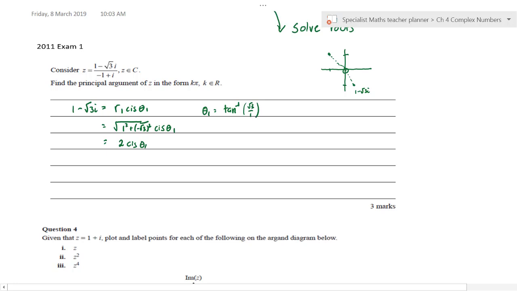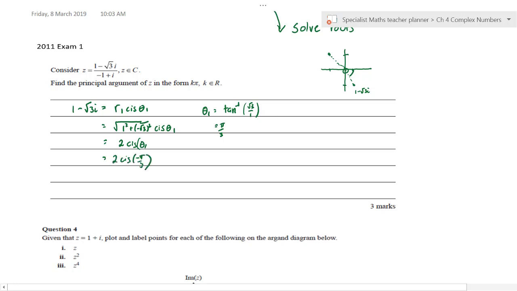So what's inverse tan of root 3? Pi on 3. Okay, pi on 3, good. Now, just so you know though, that's in the second quadrant, so it's pi minus pi on 3, which is 2 pi on 3, isn't it? Wow, no, sorry, over here, that's minus pi on 3. Fourth quadrant, my bad. So that's 2 cis of minus pi on 3.